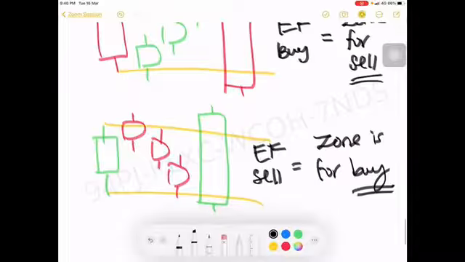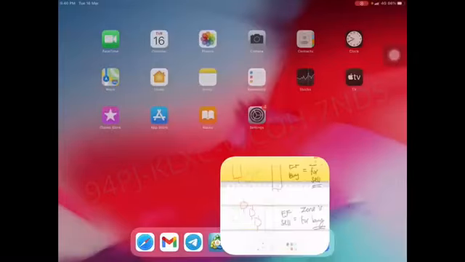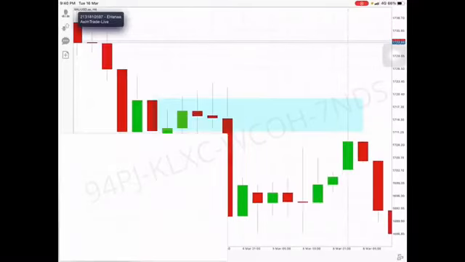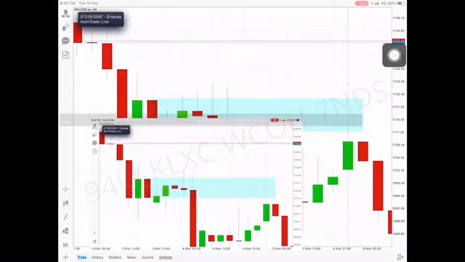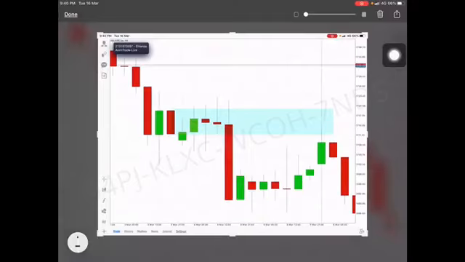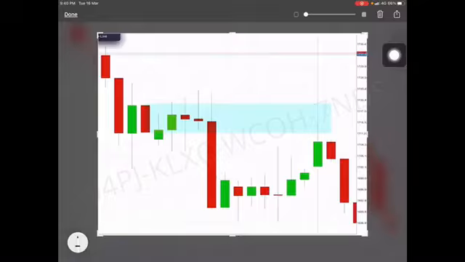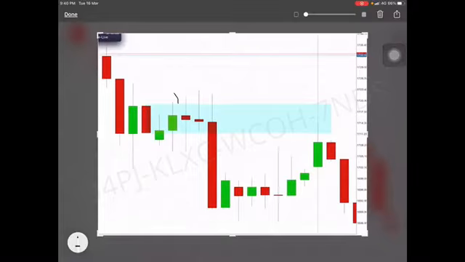So let me show you what happened at this zone. Look at this zone. This is engulfing buy at first, right?